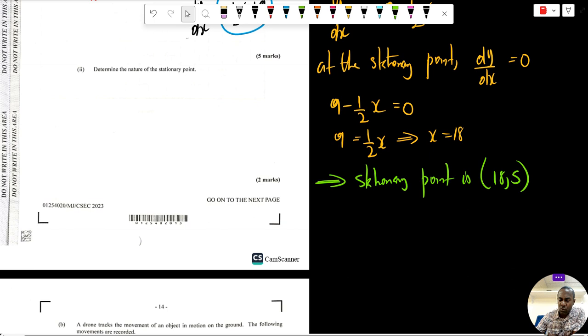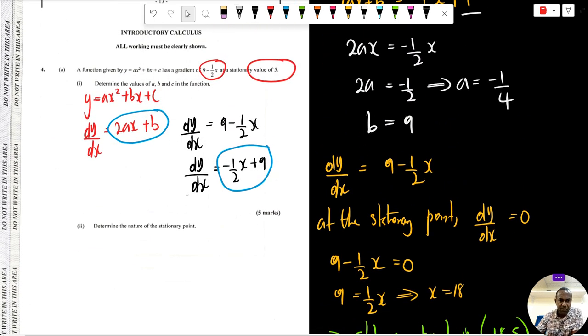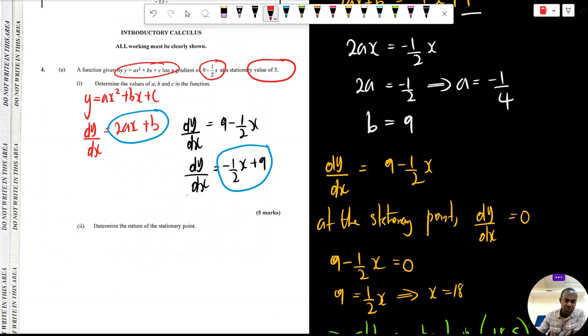So we've managed to find the coordinates of the stationary point, but what else do we need to find? We need to find the value of c. If we go back to the original equation, we see that y is equal to ax squared plus bx plus c, right? I'll just make some space here.